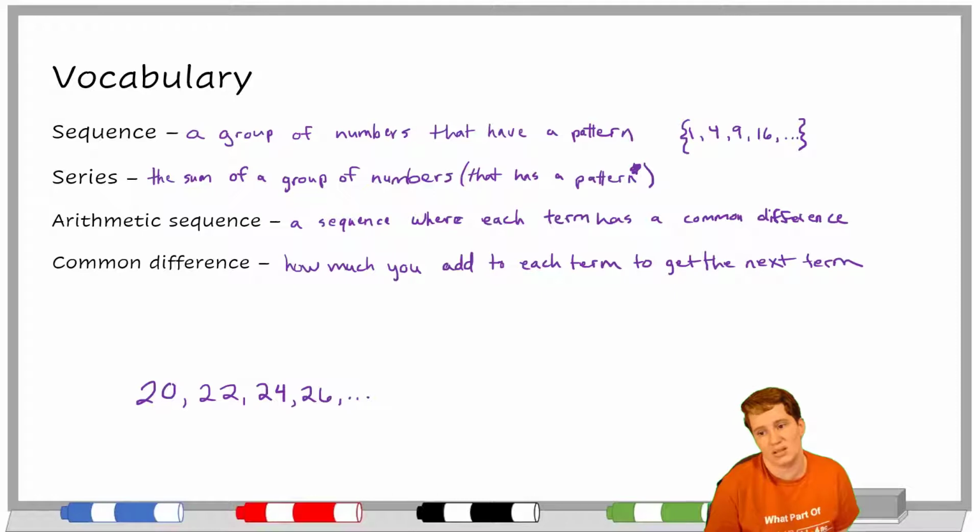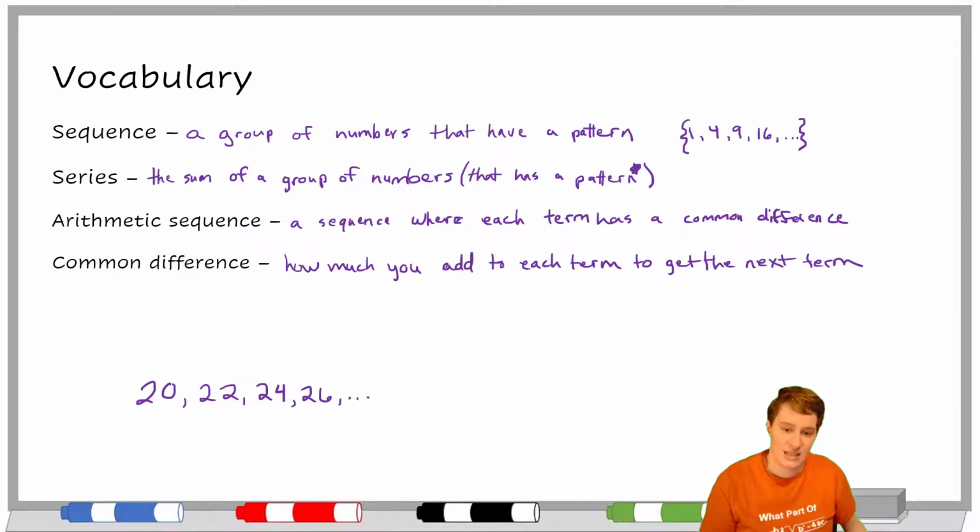And this is a vocabulary word that's specific to arithmetic sequences. Other kinds of sequences won't have a common difference, because if it has a common difference, it is an arithmetic sequence. So those go together.